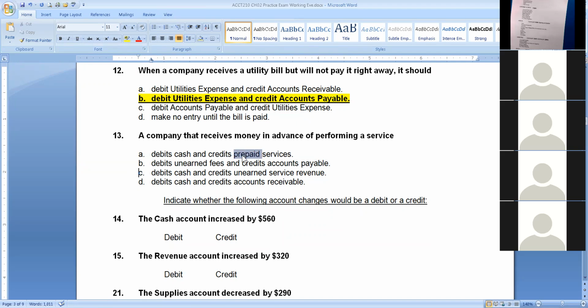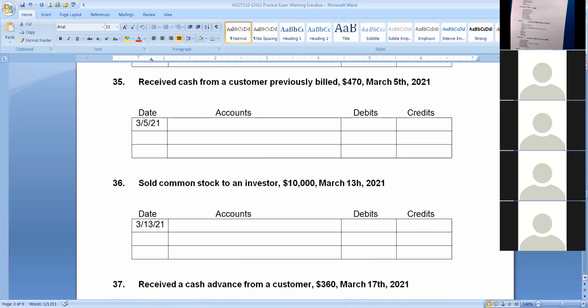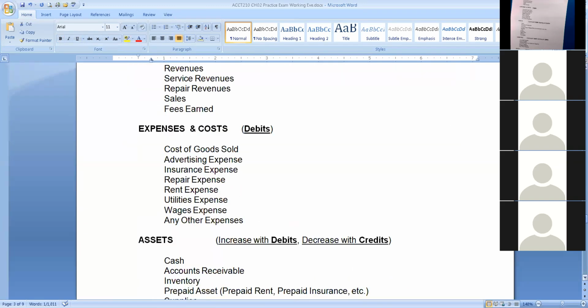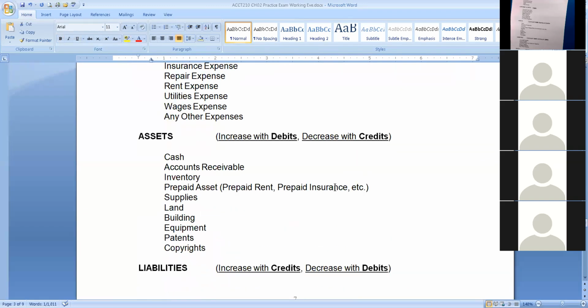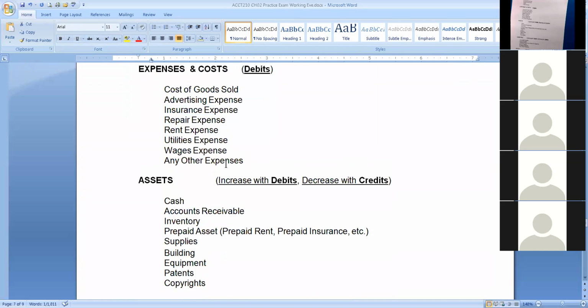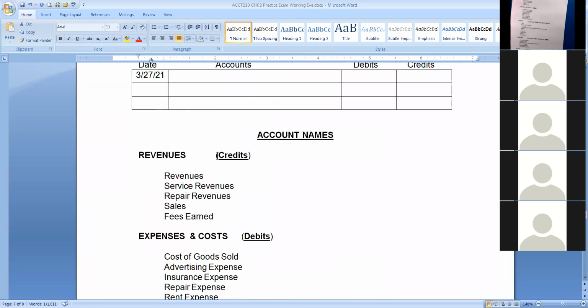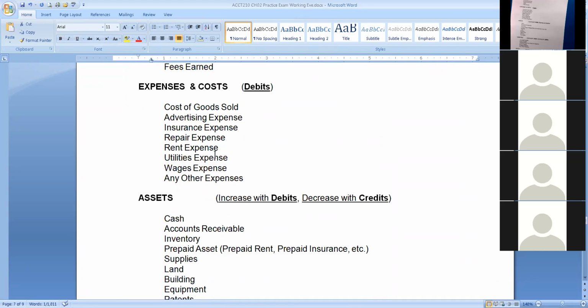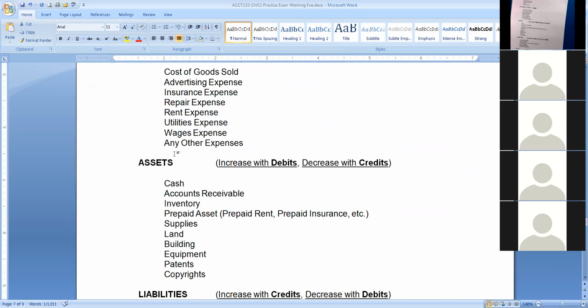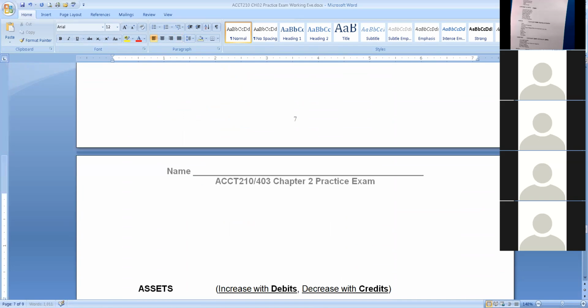Actually, this is kind of the other way around. Prepaid is when we pay something in advance. This is somebody has paid us in advance. So let me go down to the sheet here.